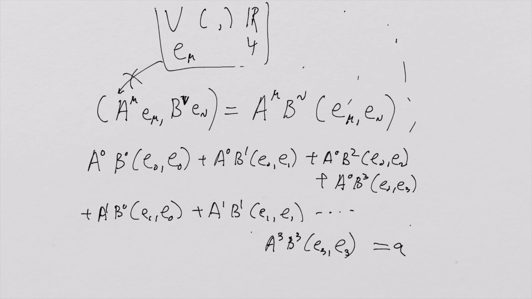So just like before, if you know what the inner product does on the basis vectors and all combinations of the basis vectors, then you know how it operates on any vector in the vector space that's expressed in that basis.